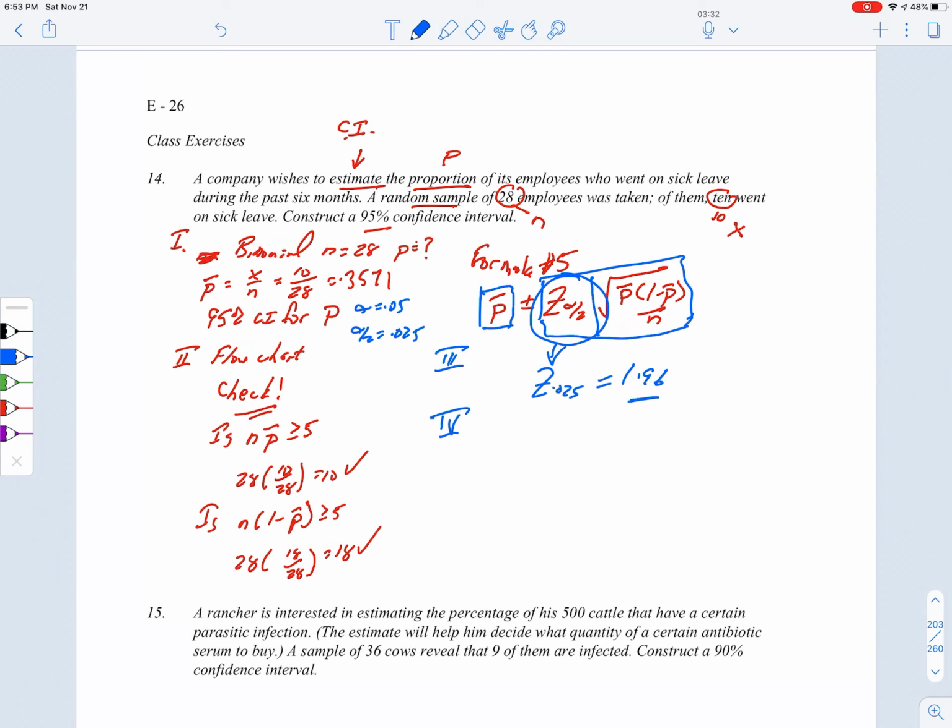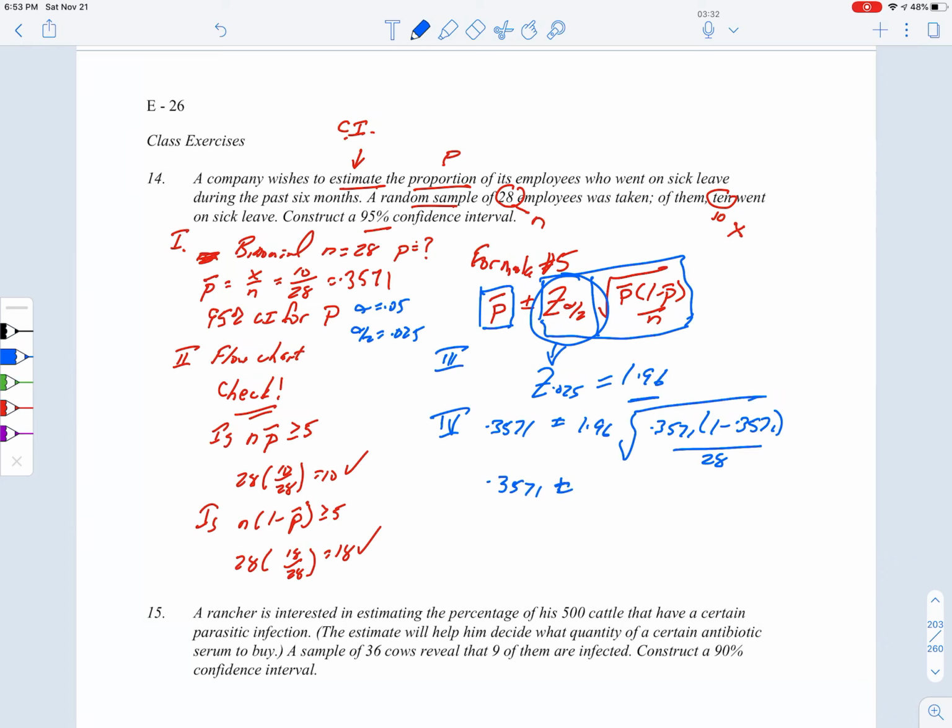All right, let's plug these numbers in. So step number 4 here then is where we take all these and we plug them in. So we're going to have p bar, which is 0.3571, plus or minus 1.96 times the square root of 0.3571 times 1 minus 0.3571 over n, which was 28.